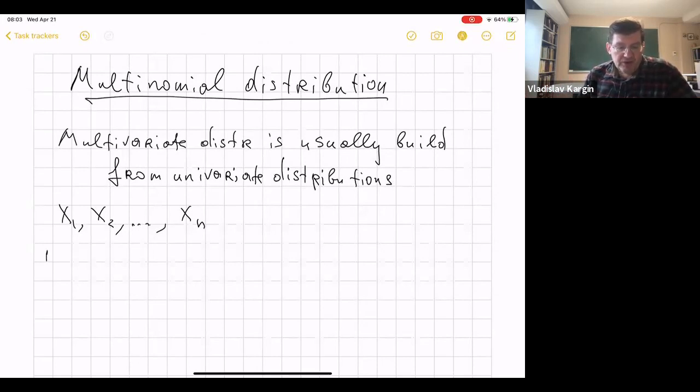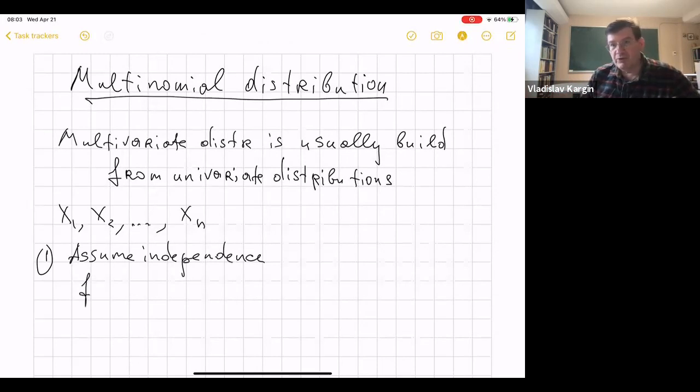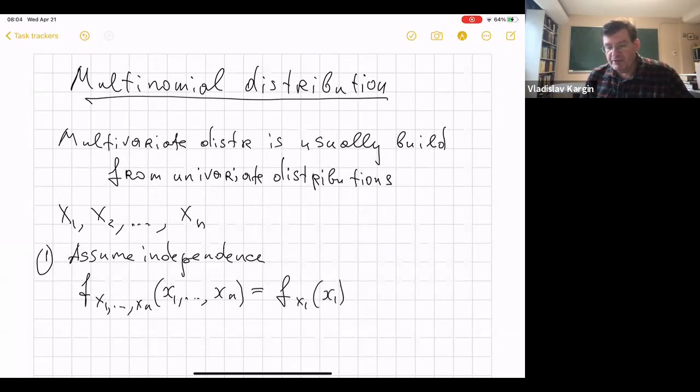So if you assume independence, then by definition of independence, you can write down the joint density or joint PMF, but if we're talking about continuous random variables, then joint density. So you can write the joint density of them as a product of the marginal densities, the density of each of them. So you can write that this is a product of many densities.